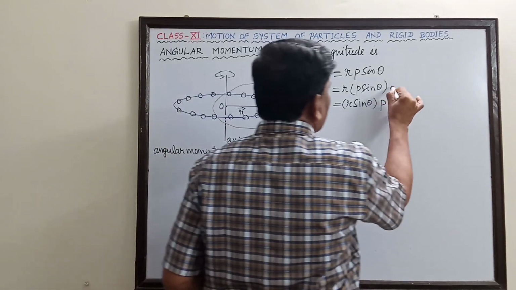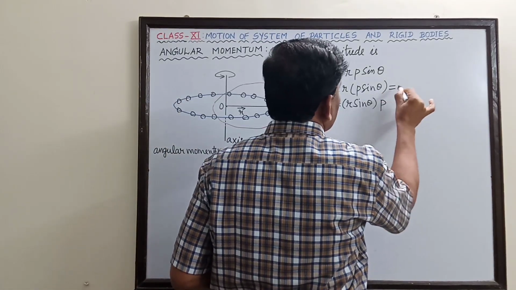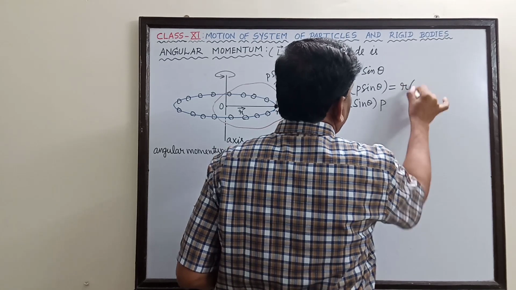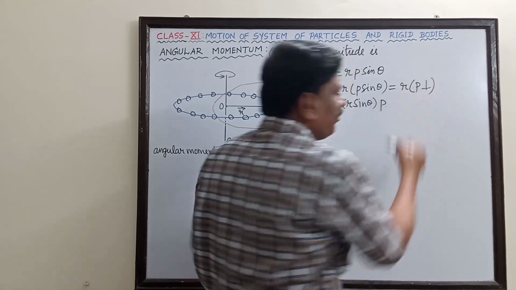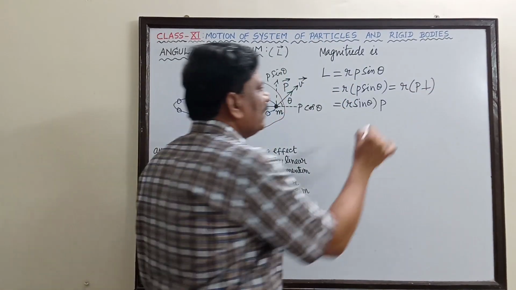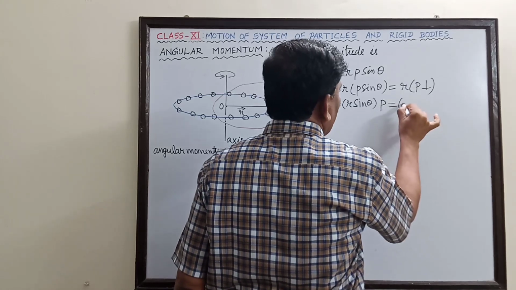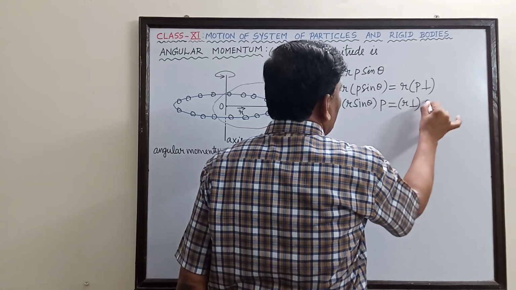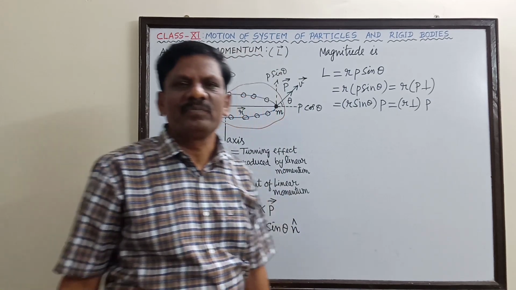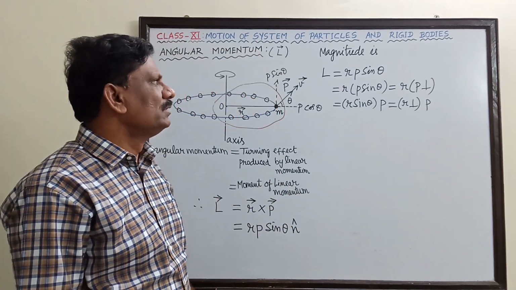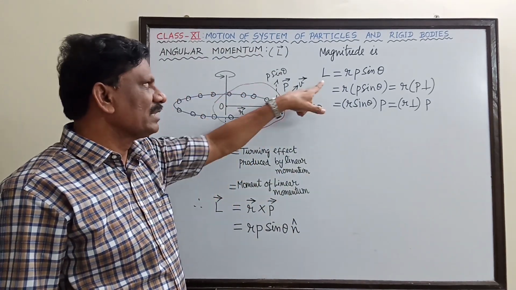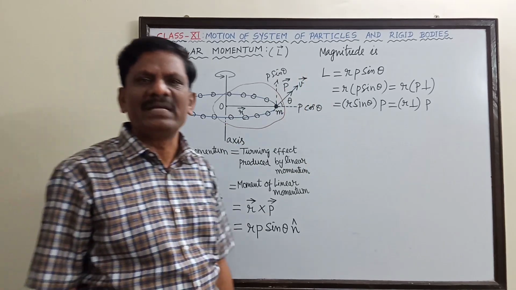So this can be represented as R multiplied by the perpendicular component of P. Like that, this can be represented as the perpendicular component of R multiplied by P.